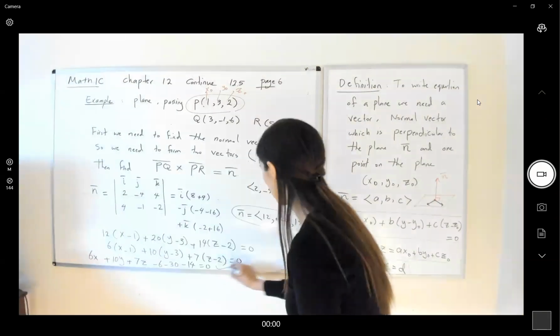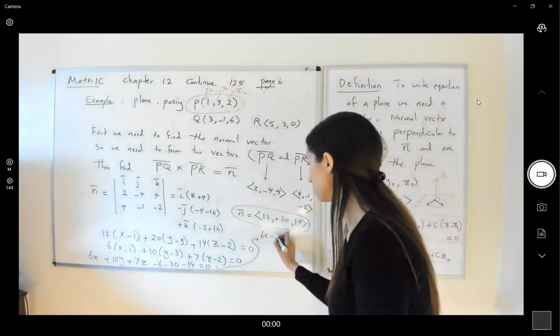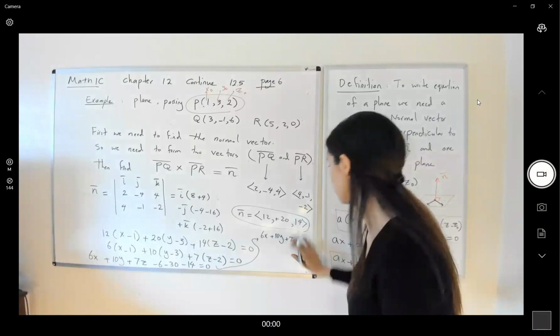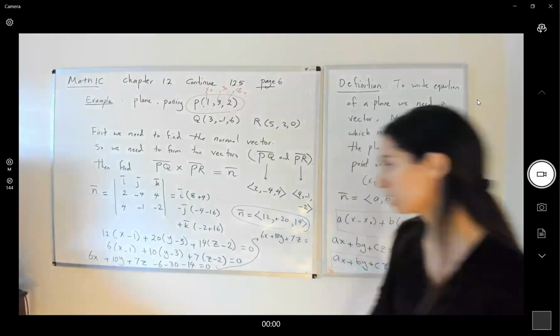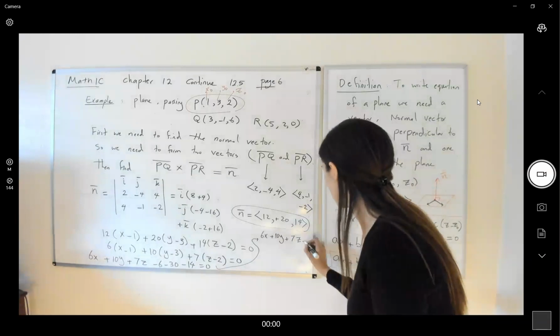So the equation of the plane is 6x plus 10y plus 7z equals, let's see, 50 equals.